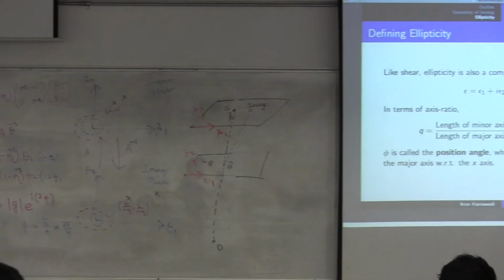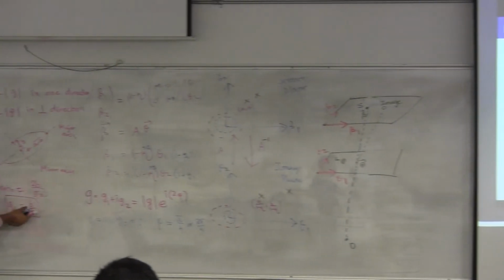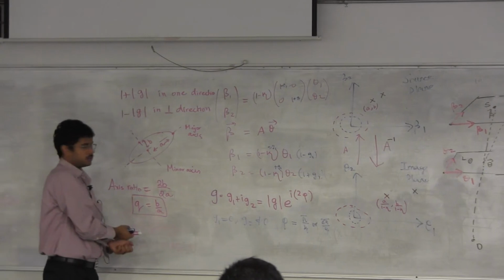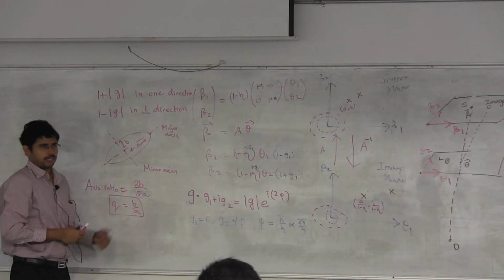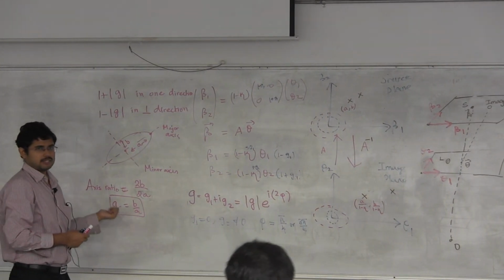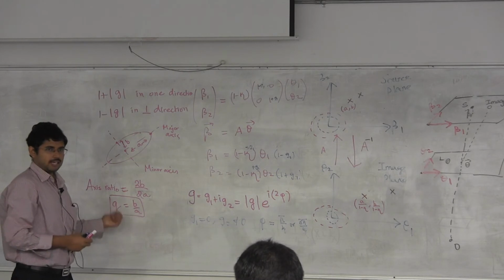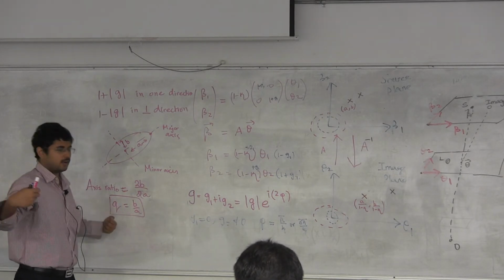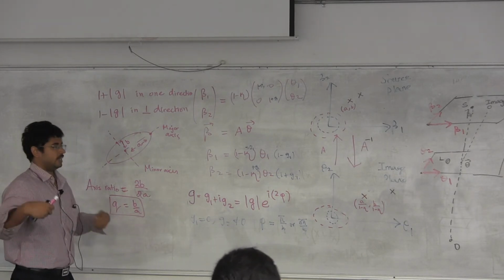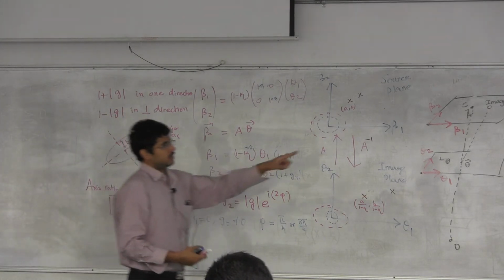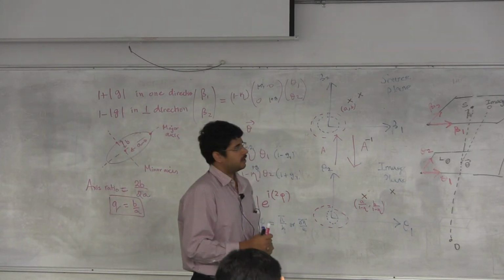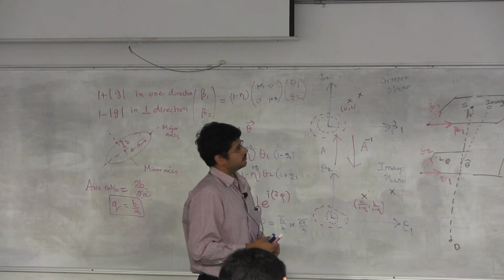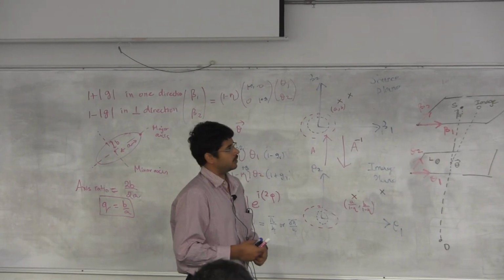And the more elliptical it becomes, this axis ratio goes towards 0. It can never be perfectly 0, but the smaller the axis ratio is, the more elliptical it is, and it will have a higher epsilon value.